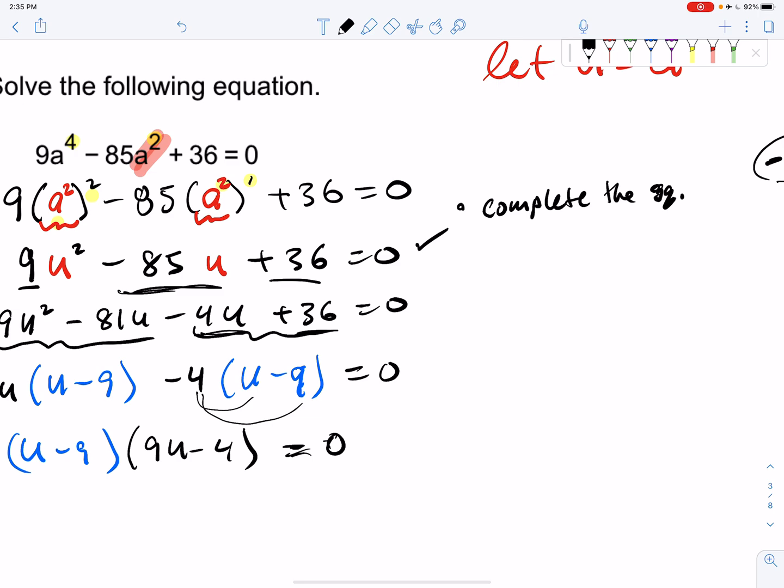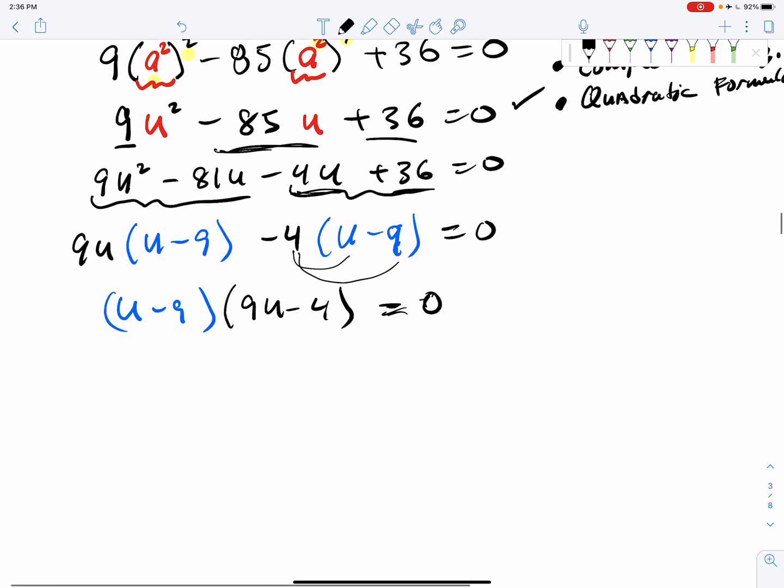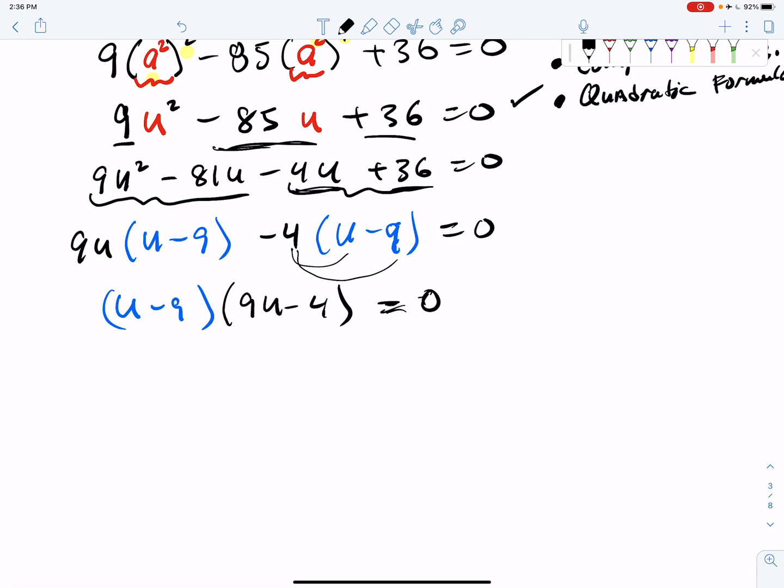Another possibility is to use the quadratic formula, just as long as you memorize the formula. So you could have done this problem by completing the square or the quadratic formula. You could also do it by factoring because it was factorable.